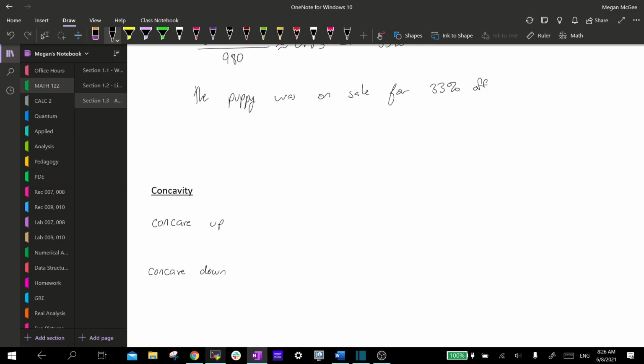Now concavity has to do with which way the function is curved or bent. It doesn't need to be a full cup, it can just be some pieces. These are all examples of a function that is concave up. And then concave down looks like this.